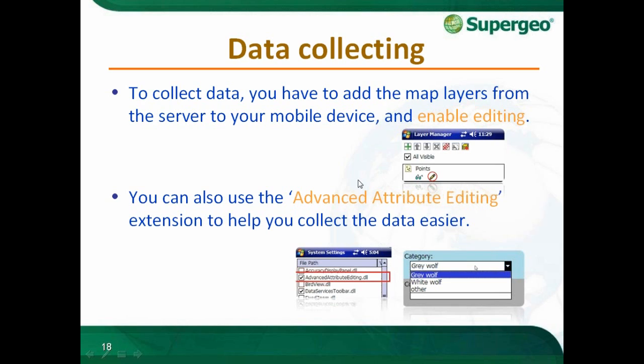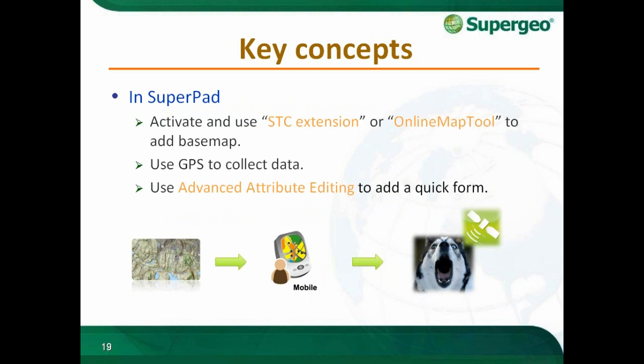Then you can use the Advanced Attribute Editing function to build the menu to help your field survey. In this section, let's have a short review. We're going to use the SuperPad to add the base map from various sources, including the STC layer or the online map tool. Then we collect data using the edit tool and GPS tools. Last, we use Advanced Attribute Editing to build a quick form for your field survey.